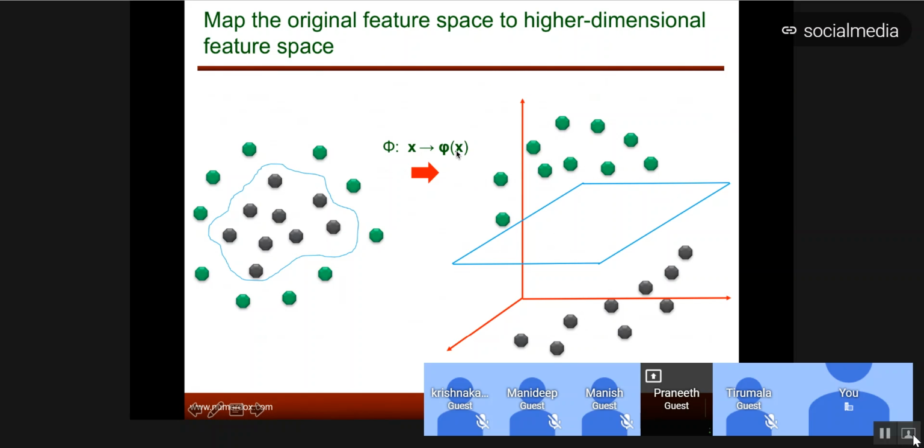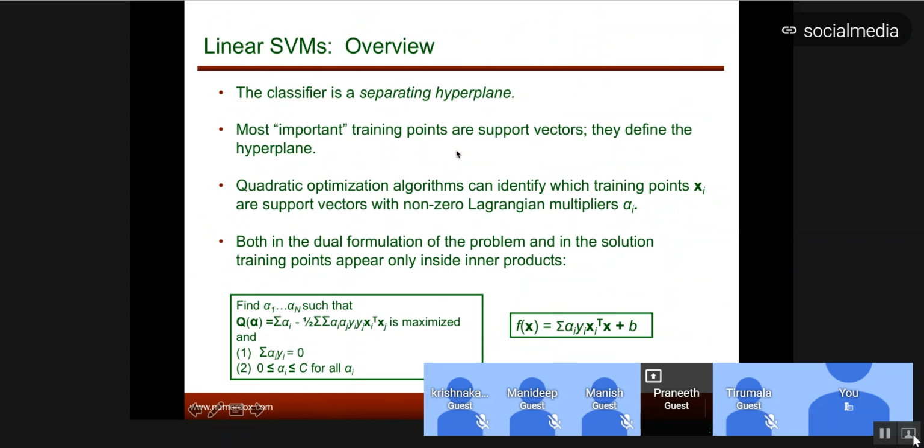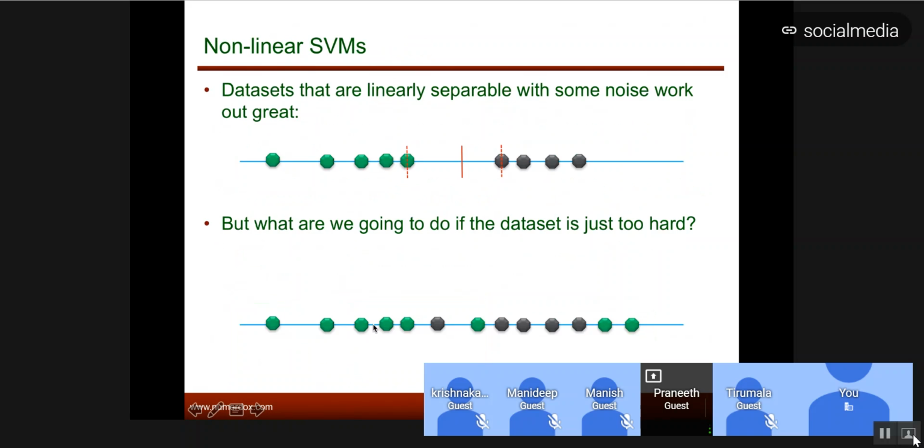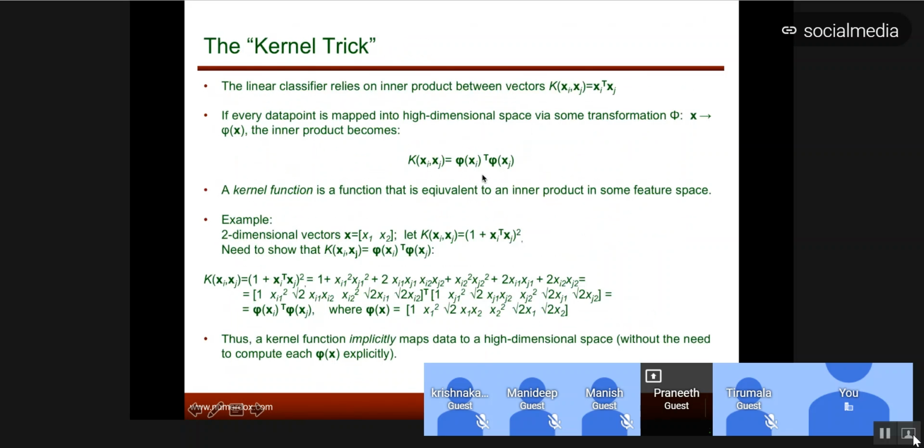So if you transform the data, what's going to happen? Instead of xi, you're going to have phi of xi, and instead of xj, you're going to have phi of xj. So then, instead of xi transpose xj, you would have phi of xi transpose times phi of xj. That's what you have here. Now, this function is known as the kernel function. Now, what is the definition of phi you could use? People have come up with different possibilities of phi.